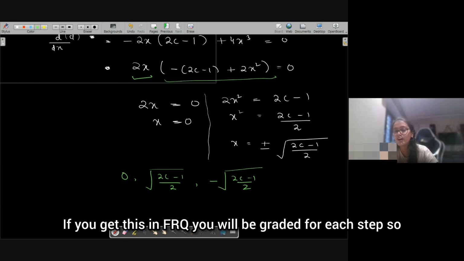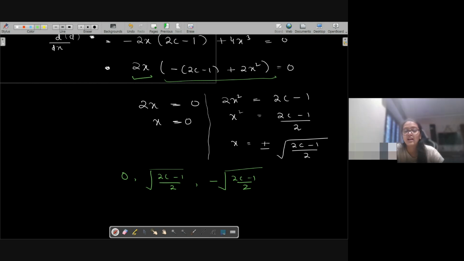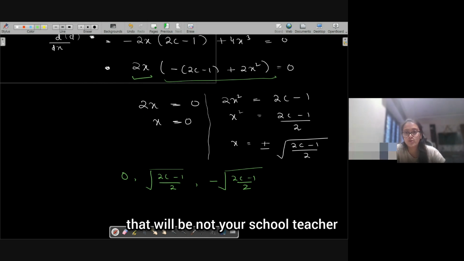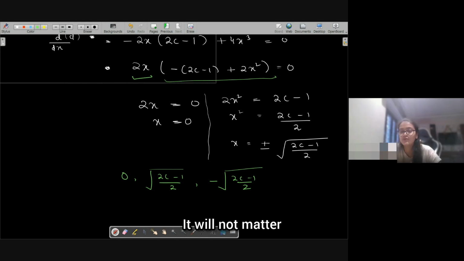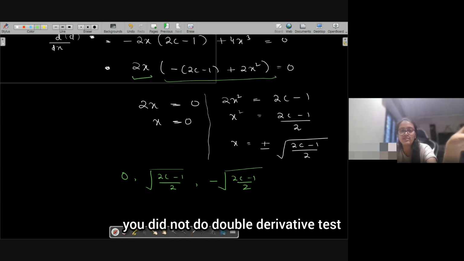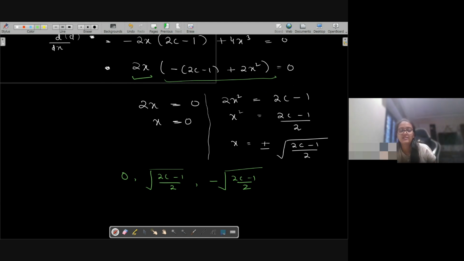If you get this in FRQ, you will be graded for each step. The person who will be checking your solutions will not be your school teacher, so it will not matter if you use the double derivative test or sign analysis. I also think your teacher said to use sign analysis because probably at that time you had not done the double derivative test.